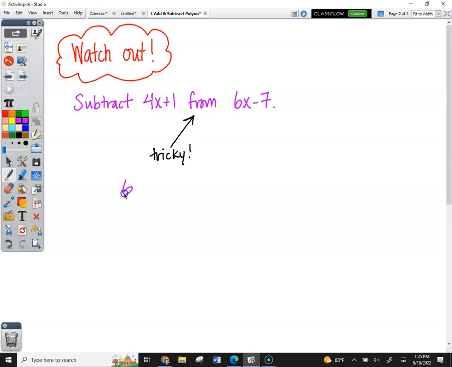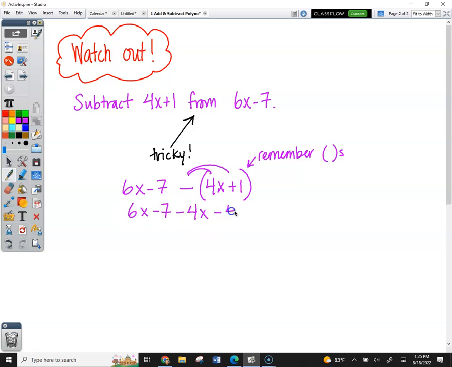So this would be 6x minus 7 minus, and you need to put parentheses around whatever you're subtracting, because you have to distribute that negative. So you have to remember parentheses. They don't matter in the first ones. They matter in whatever comes after the subtraction sign, because, here we go. So this comes down, this becomes minus, and then now we've got 2x minus 11.